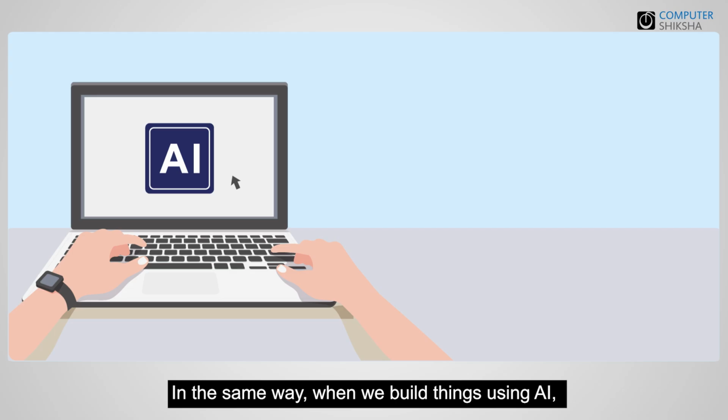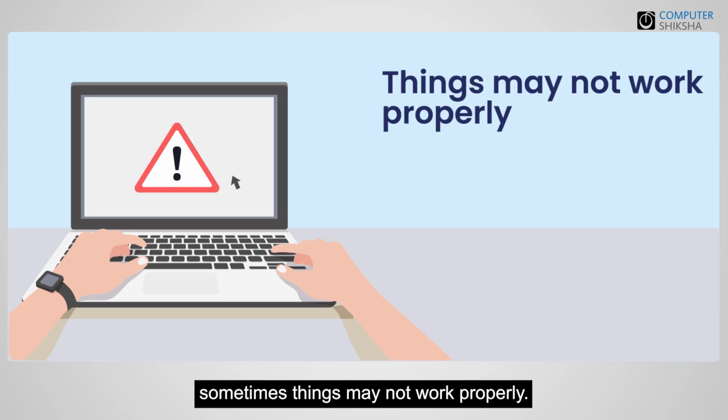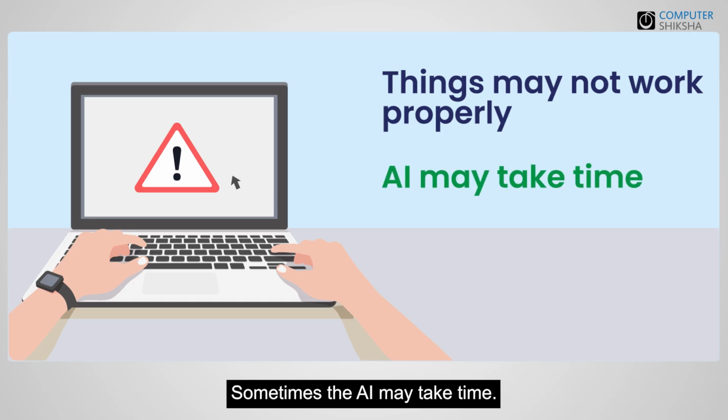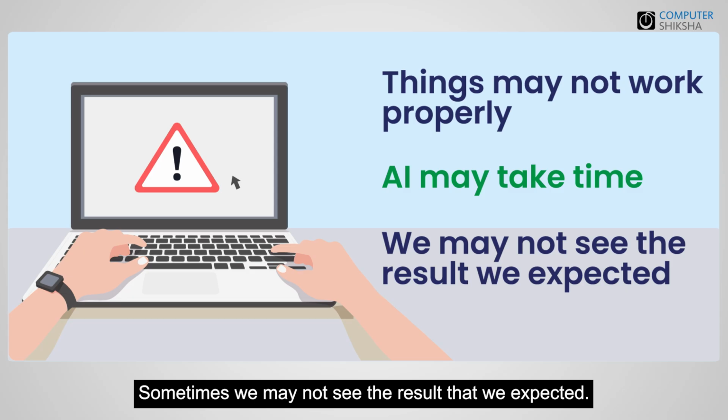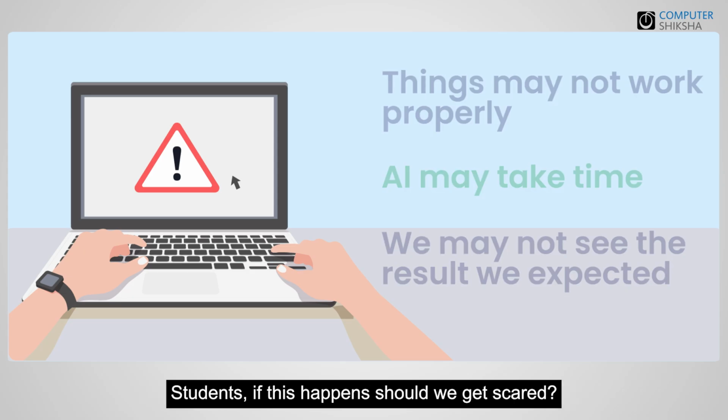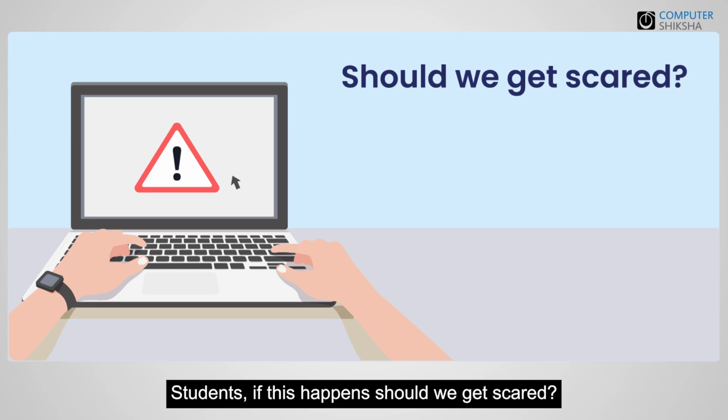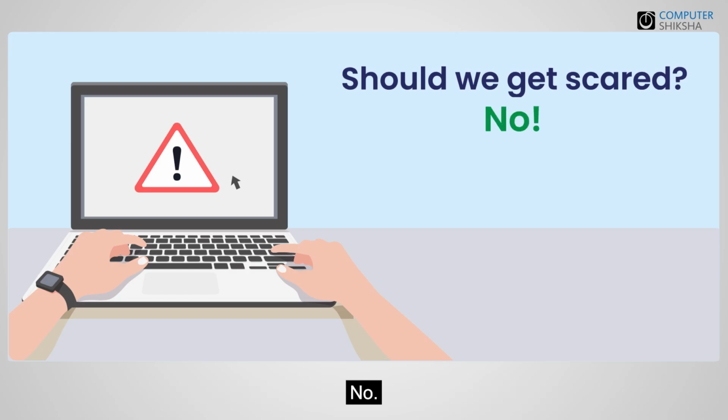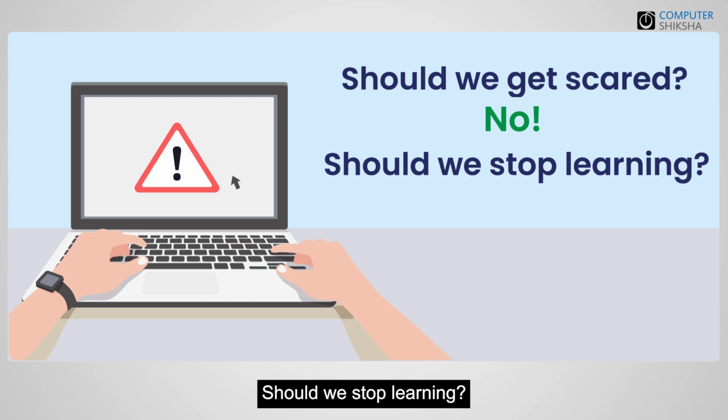In the same way, when we build things using AI, sometimes things may not work properly. Sometimes the AI may take time. It may not respond. Sometimes we may not see the result that we expected. Students, if this happens, should we get scared? No. Should we stop learning?